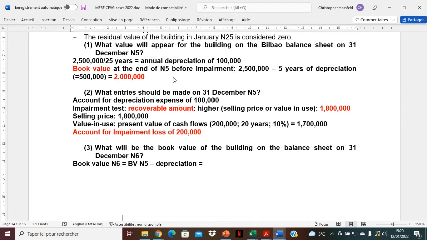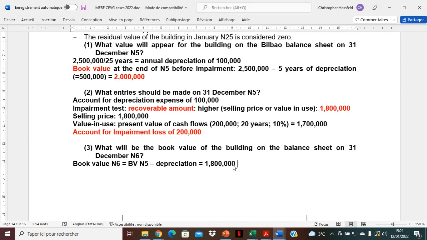Because for how much impairment do I account for? 1.8. Exactly, Chung Tran. 1.8, because we have a book value before of 2 million. I decrease it by 200,000. That means the book value at the end of N5 after impairment and depreciation is 1.8 million.